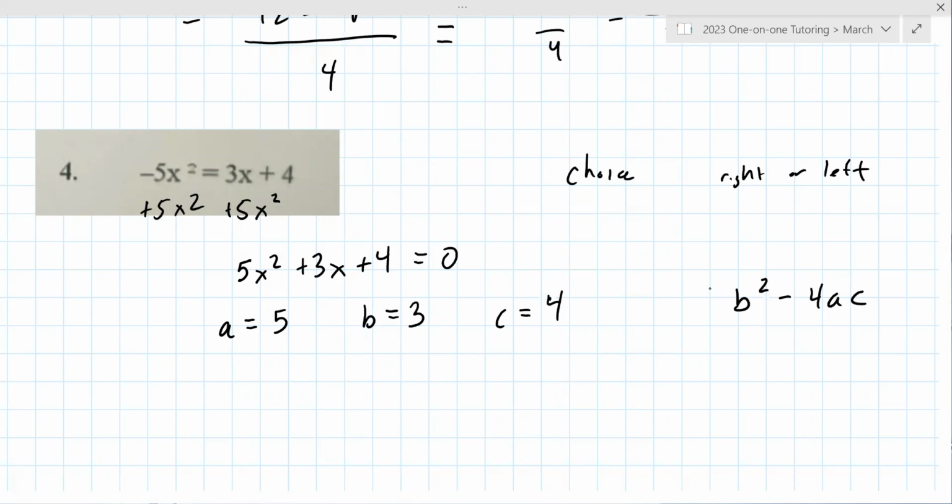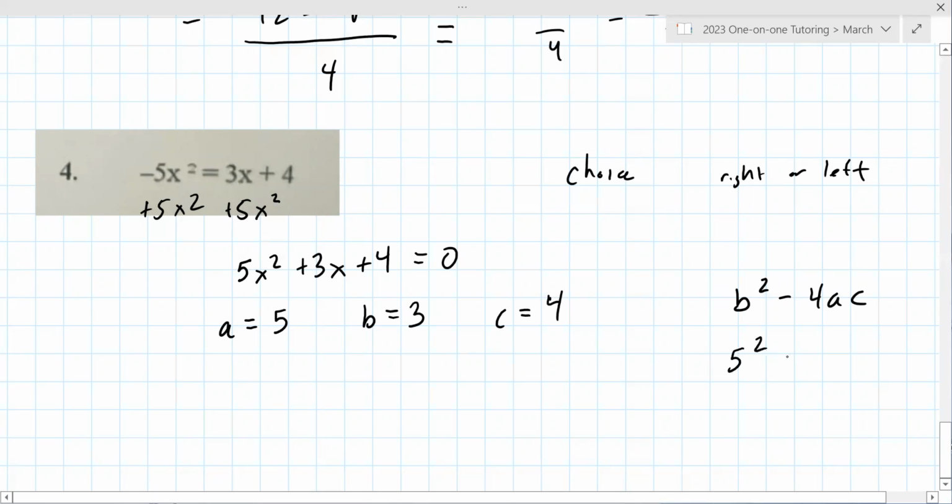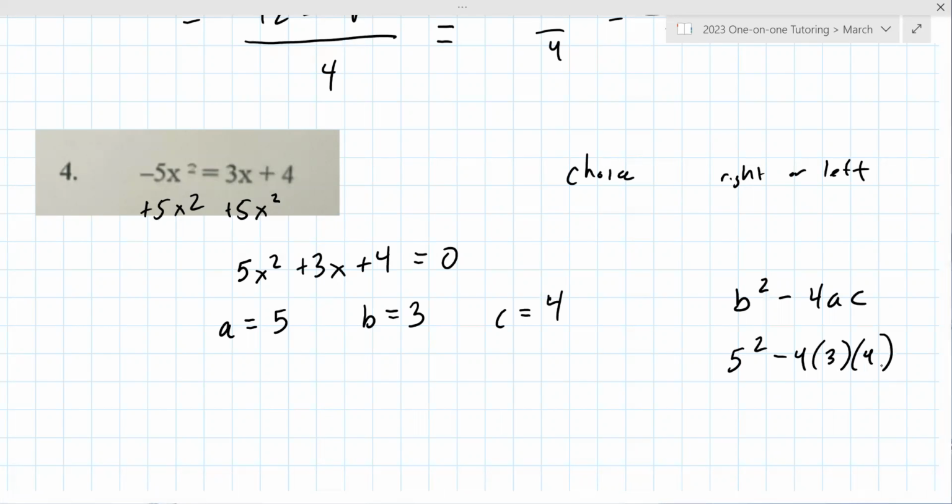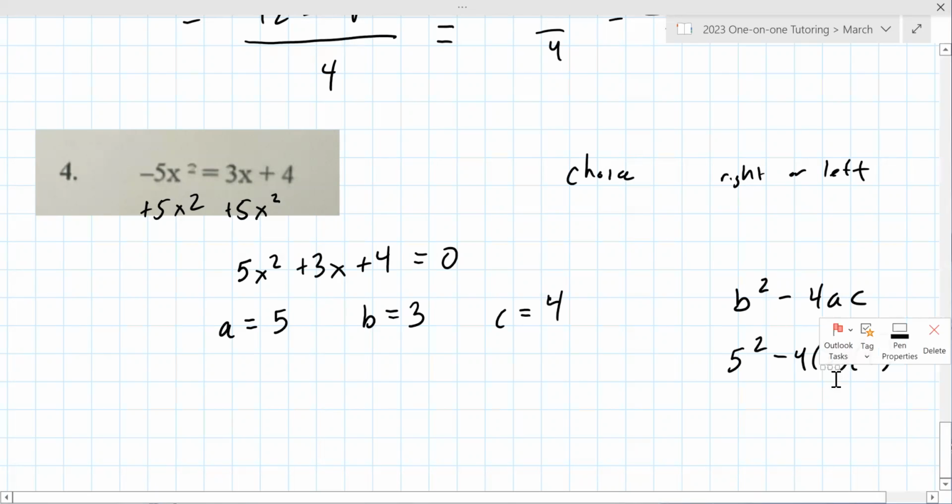I got negative 71. So you got 3 squared minus 4 times 5 times 4, like that. I'm sorry, 5. Yeah. Sorry, I really got the wrong number here. Good. 3 squared minus 4 times 5 times 4.